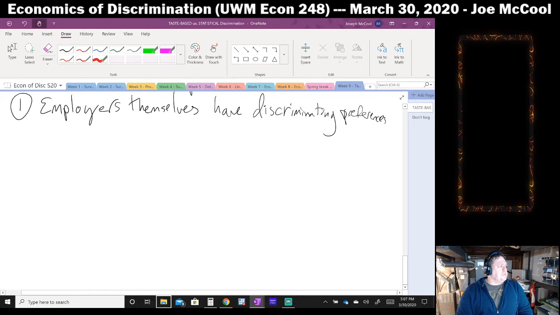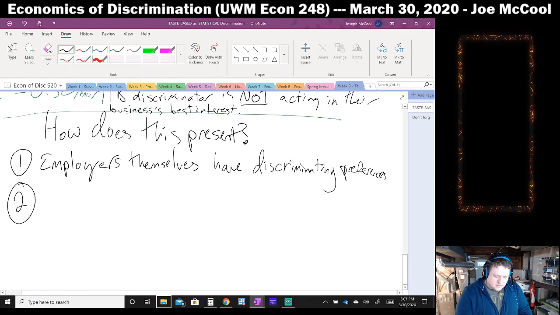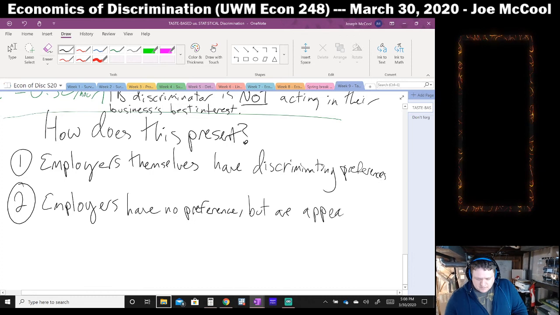So what happens in this case? Well, the other two types, we might also see taste-based discrimination. We'll do this first. Second, employers have no preference, so they're still discriminating, but it's not because of their personal preferences. They are appeasing employees.